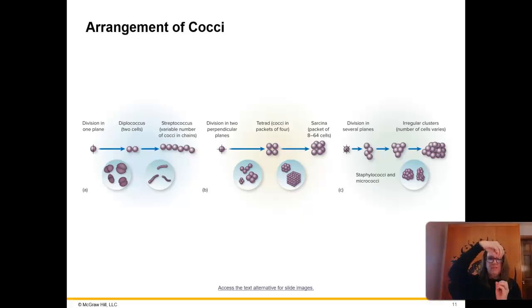So now we get them dividing in two directions. So we get our tetrads. Or if those four also divide again, then we're going to get this three-dimensional cube-shaped packet, and it can be 8 to 64 cells. And then in figure C, it shows us that you have divisions in many different planes. And so we get this cluster appearance. So they might be 4, they might be 8, they can be more. So it just depends on that particular species.